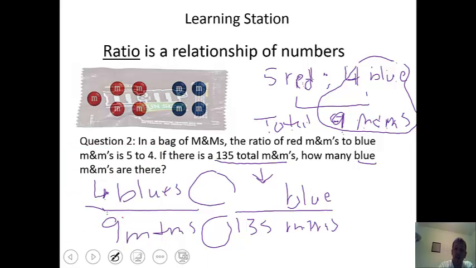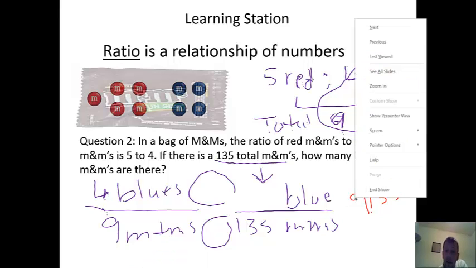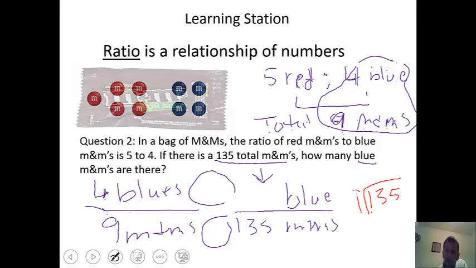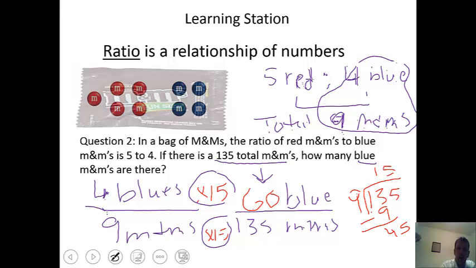So I'm going to have to divide 135 divided by 9. Oh. That's 15. So I know this is multiplying by 15. Which is equal to 60 blues. And all I did was multiply 15 by 4.